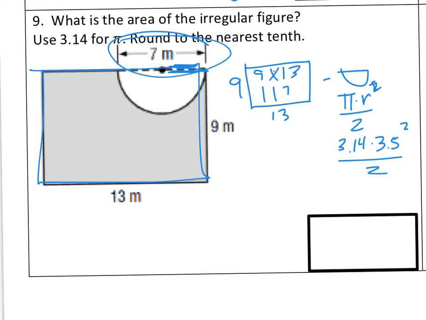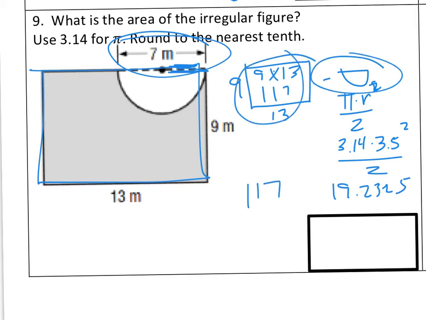Now when I do that, I actually get 19.2325. So I'm going to take my 117, this piece, and subtract off this piece. Number-wise, I'm going to do 117 minus 19.2325. When I do that, I get 97.76 and some other change.